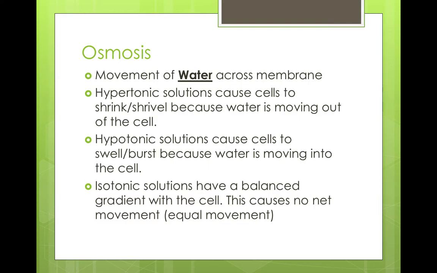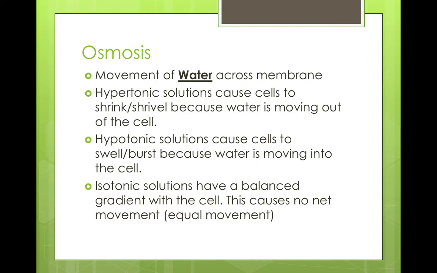Now, the reason why I put in parentheses here is equal movement is students in the past have gotten the impression that no net movement meant no movement because they didn't understand the word net. Whenever we use the term net movement, what is the net movement? That means that if we were in class and 3 people came into the class, and originally there was 20 people in there, then it increased by 3.